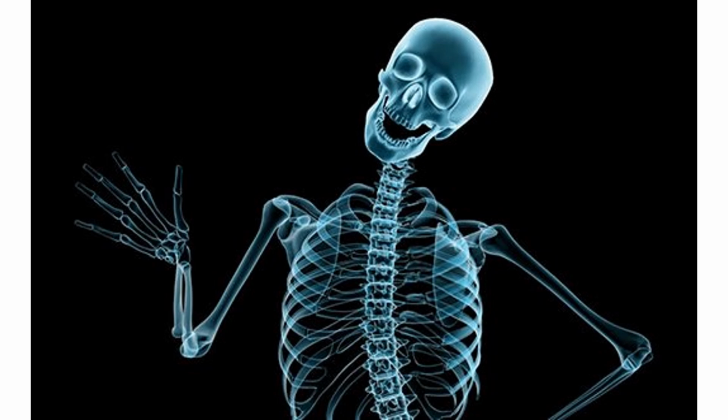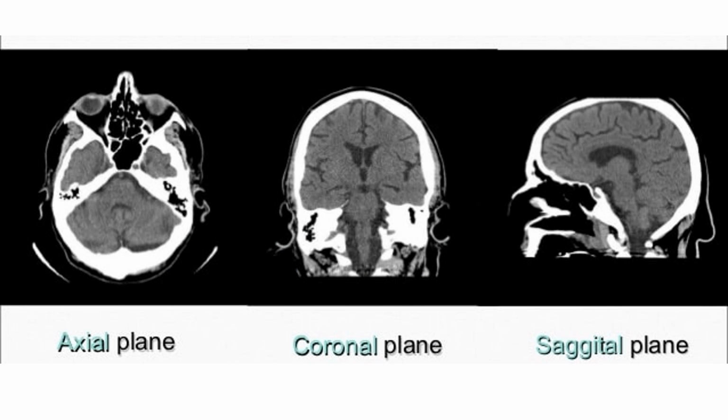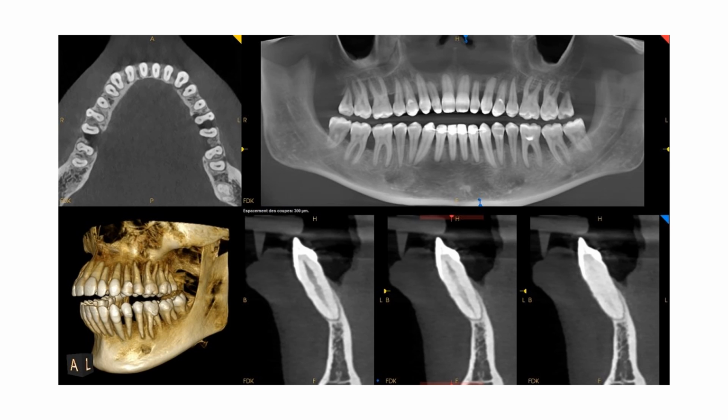It shows clearly two-dimensionally, but what I really want is to see the three-dimensional. So I want to see the axial plane, the coronal plane, and the sagittal plane. And this is a picture from the CBCT that we see.